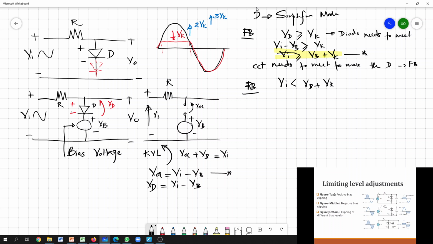So these are the two conditions that the circuit should meet to make this diode forward bias and reverse bias.